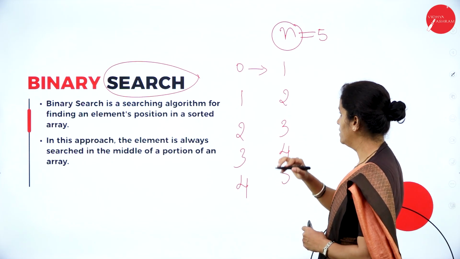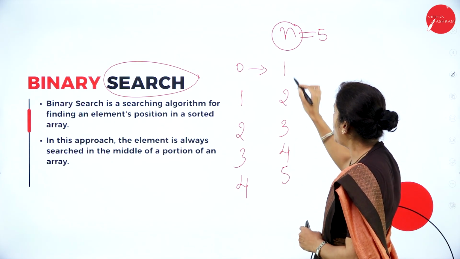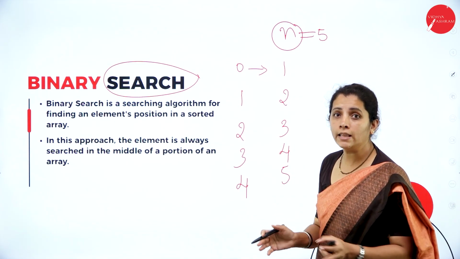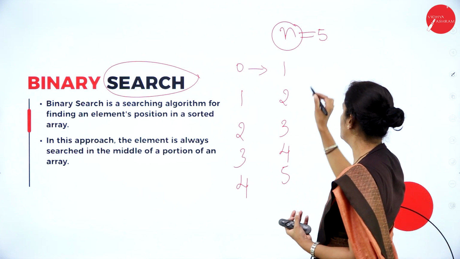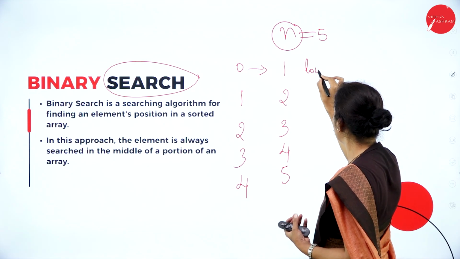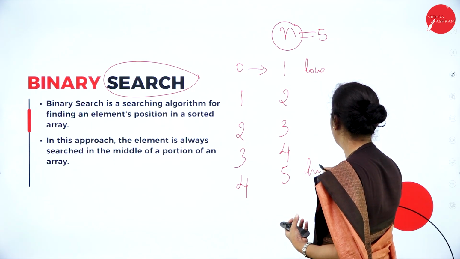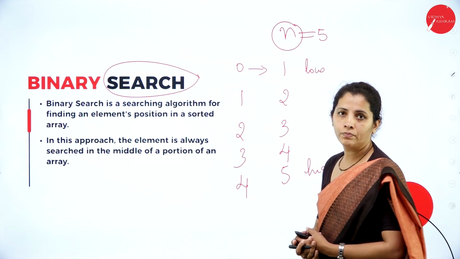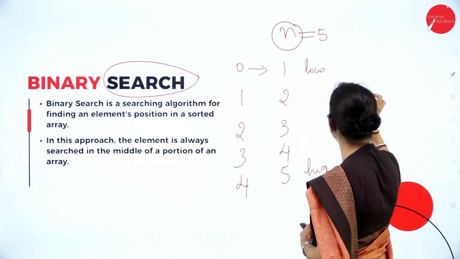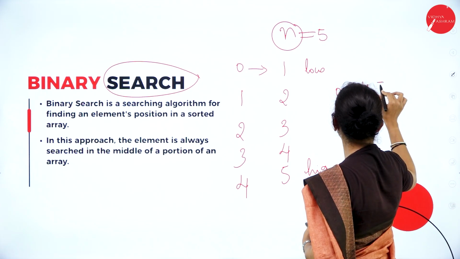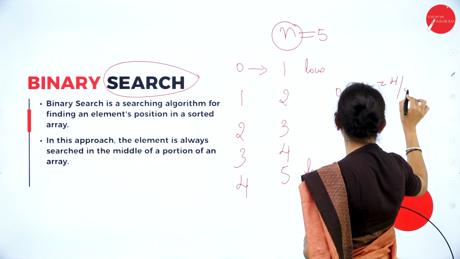Now I'm going to divide the problem. How am I going to divide? Based on the mid value. This is my low and this is my high. So low is 0 plus 4, that is 4, divided by 2.